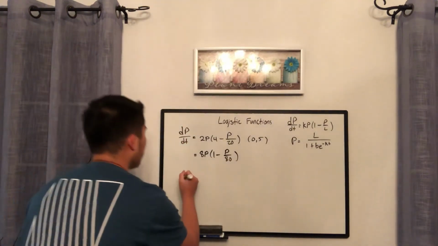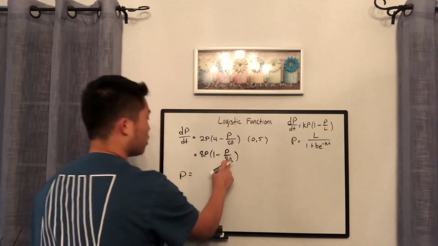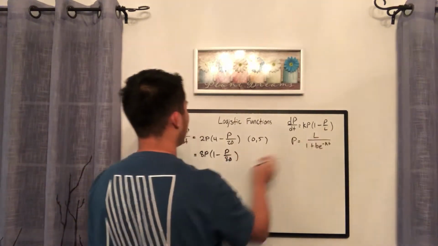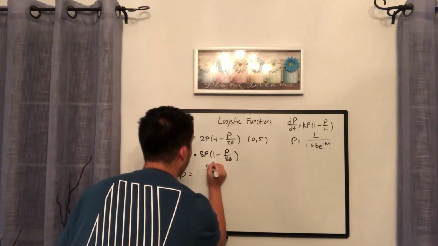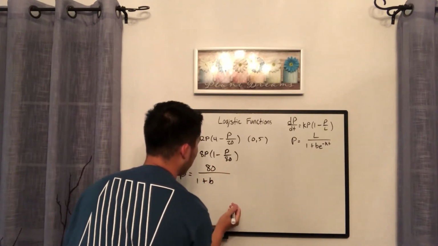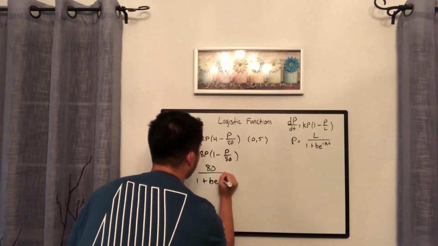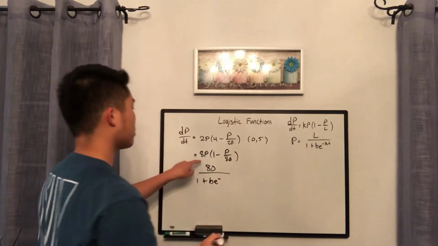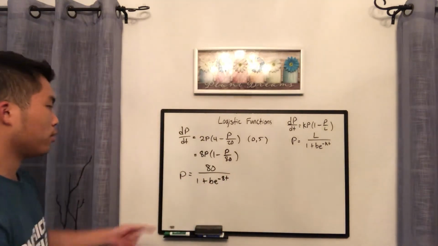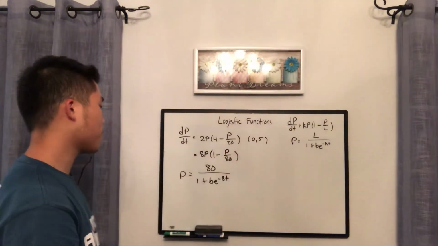We have P equals L, which is the carrying capacity. So here's the L, that's 80, over 1 plus B, which we don't know, we're going to solve for B, e to the power of negative k, which is 8t. To solve for B, we're going to plug in this point (0, 5).